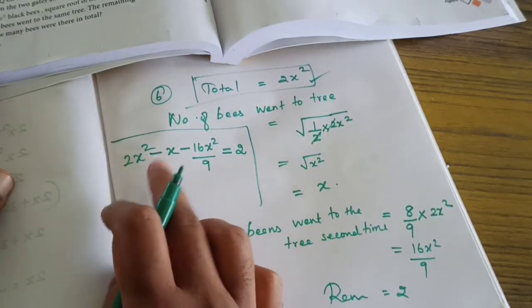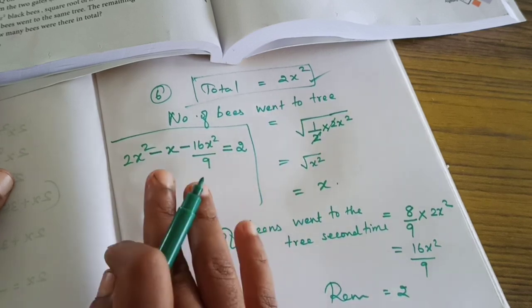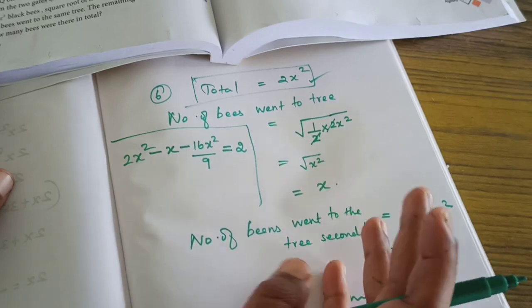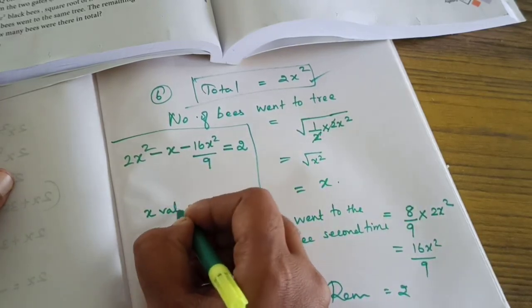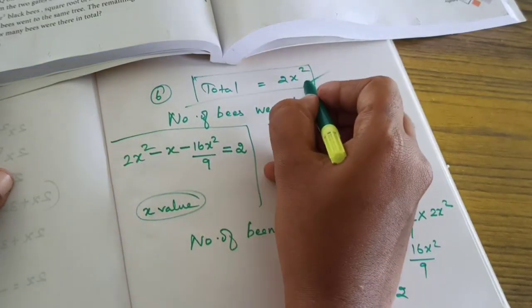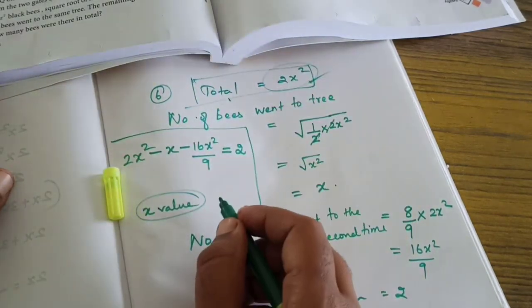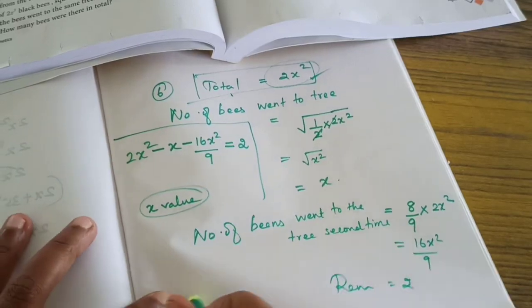So this one we need to calculate. Here take the LCM, form the quadratic equation, solve it using the factorization method, otherwise the formula method. You will get the x value. After finding the x value, you need to put it in and calculate the total number of bees, the 2x square value. So this is the homework, the outline I gave, you need to calculate.